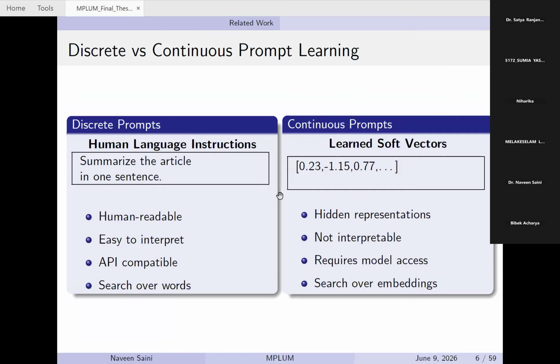So we are passing the vector. They are actually the hidden representation. You can see this is not human readable, not interpretable, requires model access, and searches over embeddings. That is the difference. But my session basically focuses on discrete prompts because they are human readable and easy to interpret.